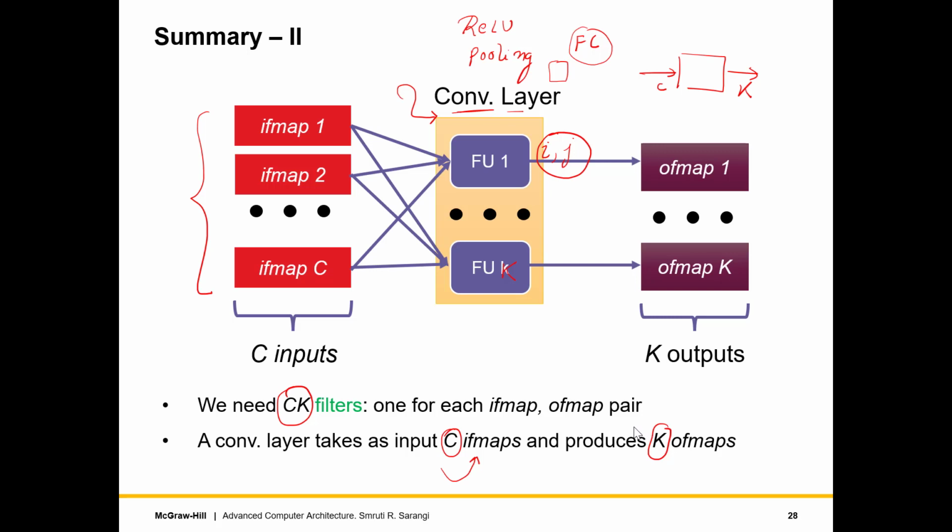So now the important point over here is basically that, well, how do we design this? Designing this is not difficult. We need to design each functional unit, and each functional unit would compute an OF map, and then we can combine all of them into a layer.